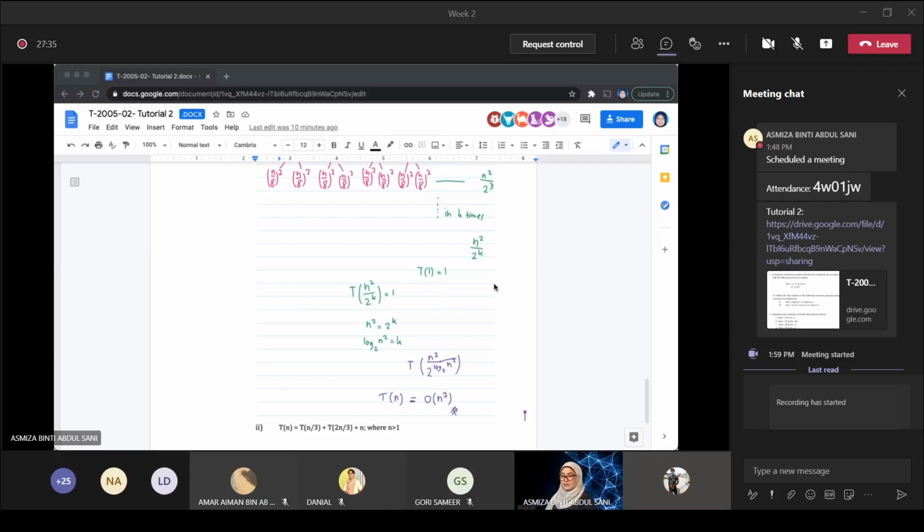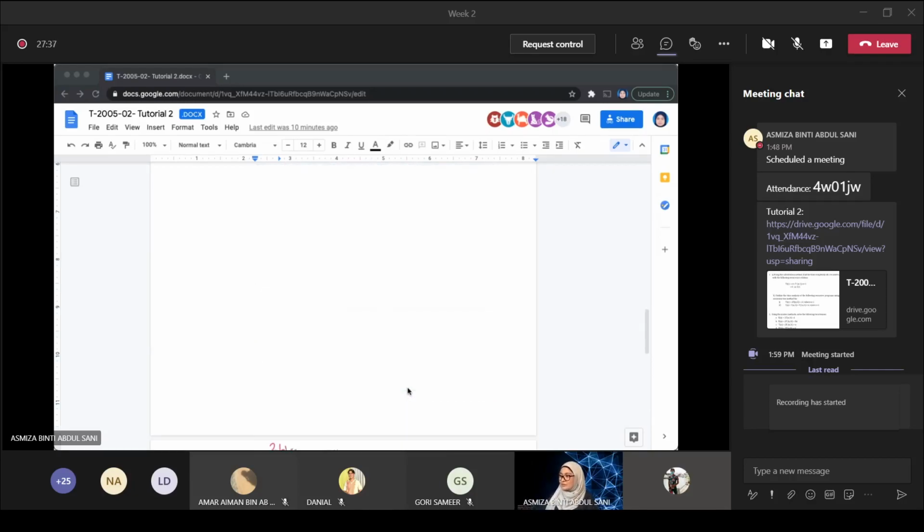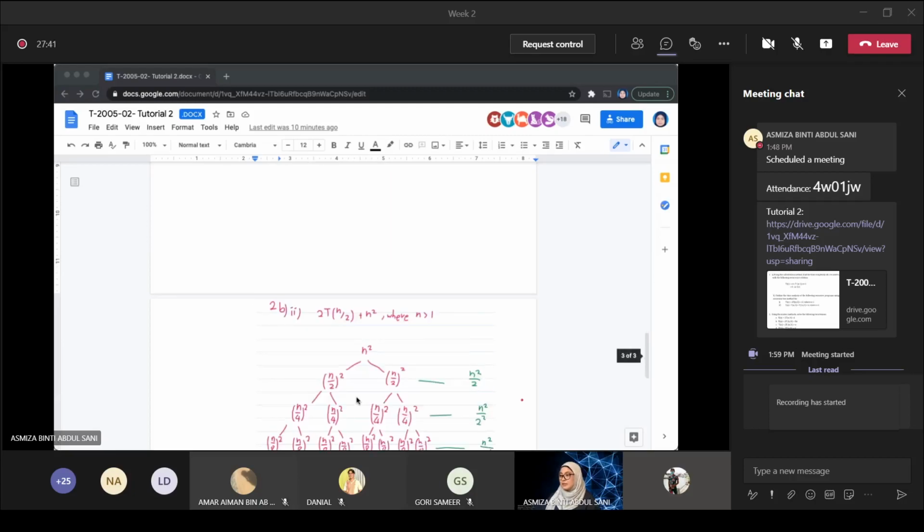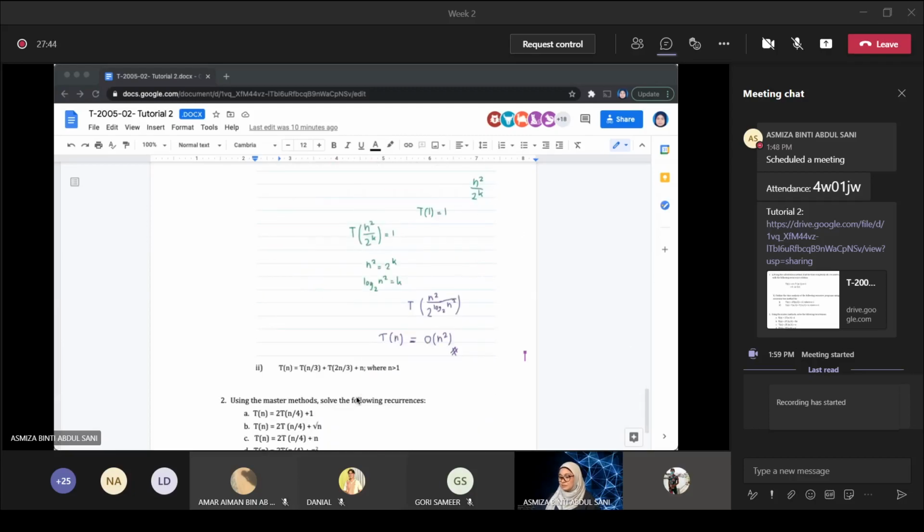For those of you who have the same answer, can you explain to me, or maybe type in something, so that I can point out where you went wrong, class? Anybody got the proper answer for this one, where the height is log n base 2, log n?